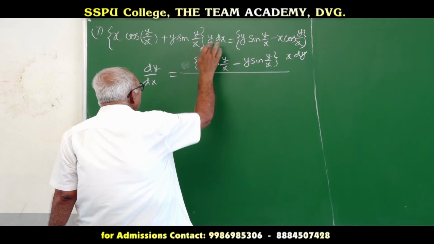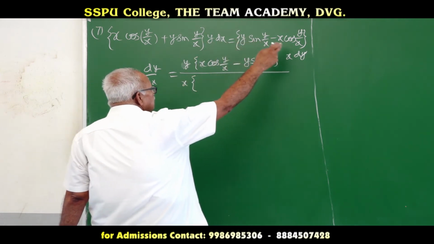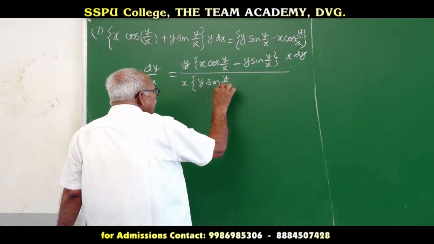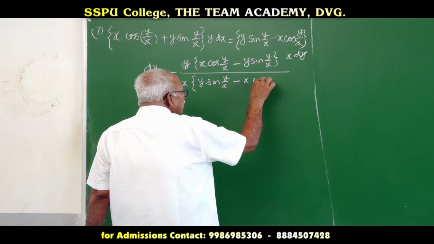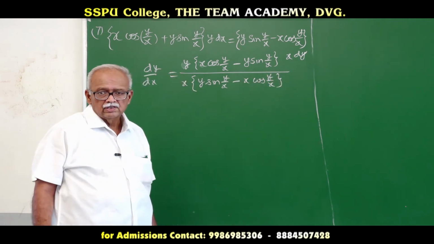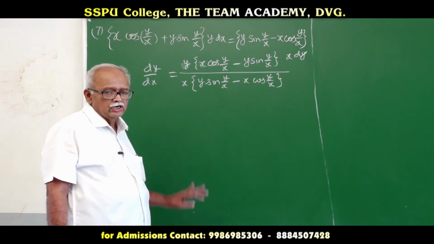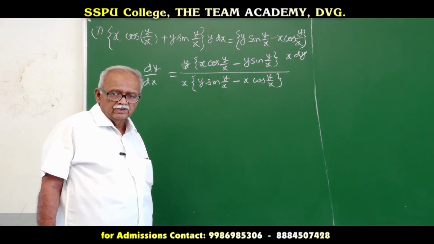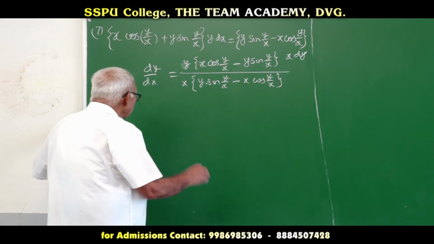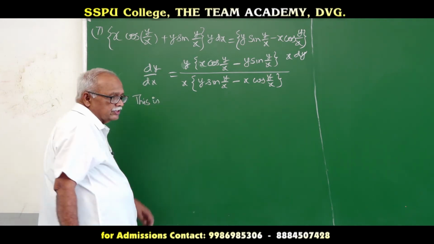Sorry, this is y into... now here x into y sin y by x minus x cos y by x. Now it is a homogeneous differential equation. Afterwards I will not prove that it is a homogeneous differential equation, we will only do the solution part. So I will write directly, you have to do it yourself.